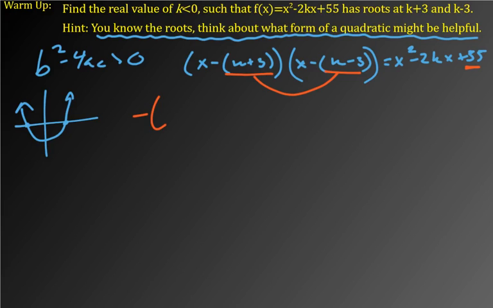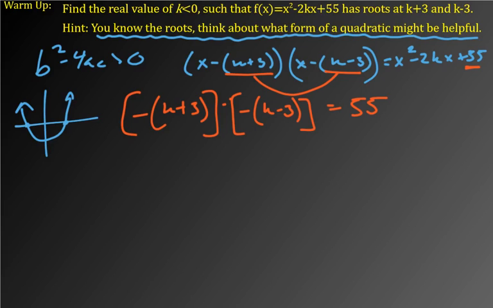So we have that minus (k plus 3) times minus (k minus 3) has to be 55. Because again, if you multiply this out, it gets you this, and if you multiply out the constant terms, you have to get 55.